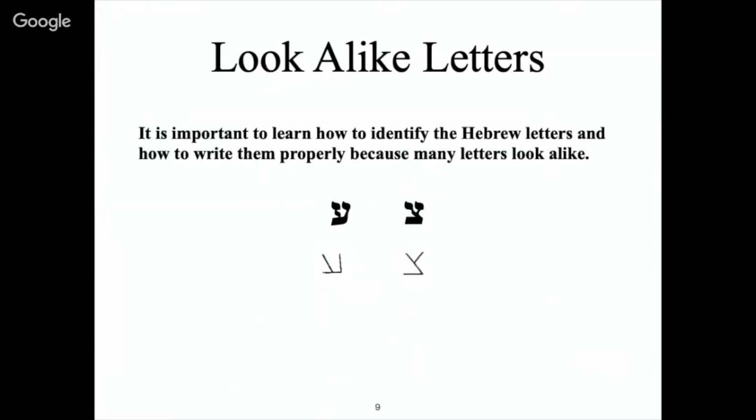So we have another set of look-alike letters, and this would be our new letter, the Tsadei, and a letter we just recently learned, the Ain. You can see that the top parts look similar, and also it comes down at the bottom. That stem folds in.